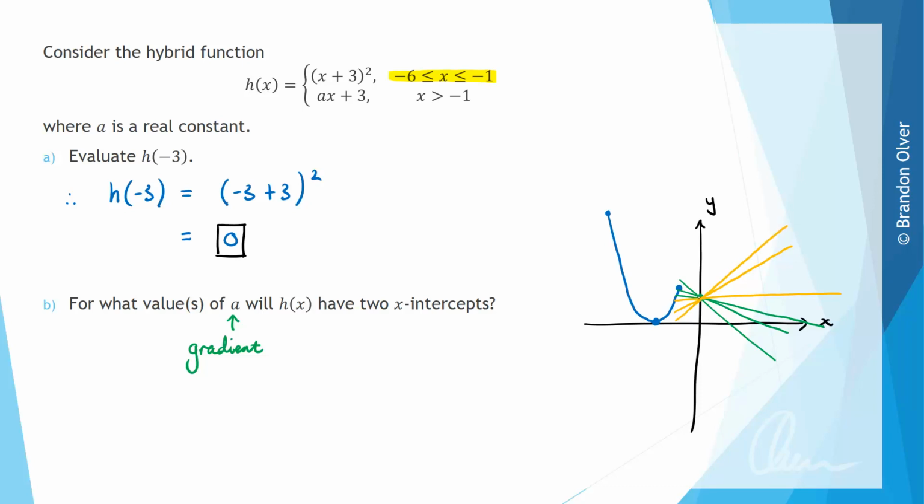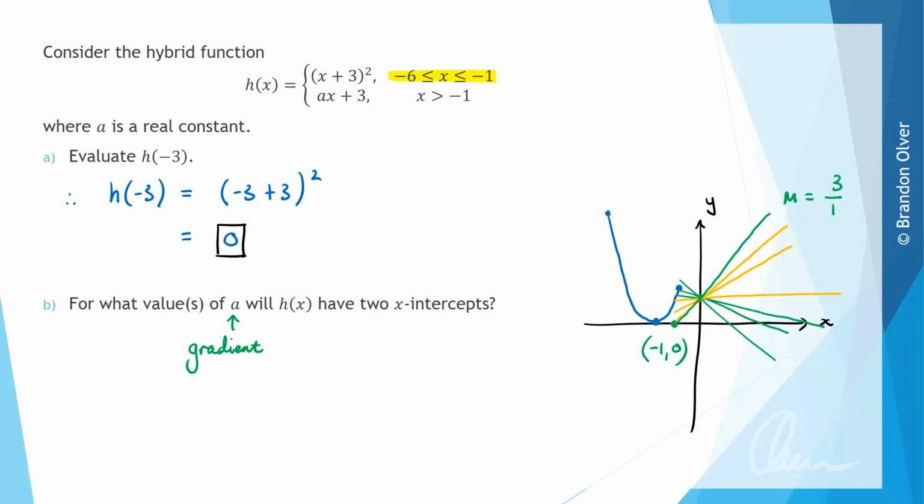And that is until you've reached another gradient here, which did give an x-intercept, at the point where x equals -1, so -1, 0. And the gradient that would be responsible for that would be run 1, rise 3. So it would be a gradient of +3.